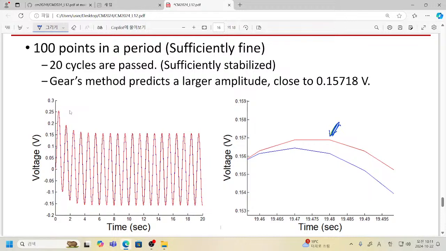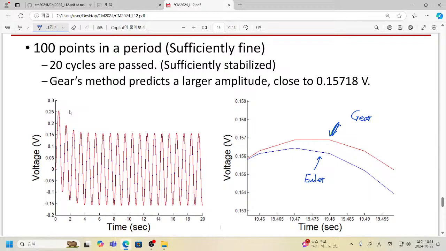This one corresponds to Gear's method, and this one corresponds to the Euler method, and our amplitude shows some difference. Why do we have a smaller amplitude in the case of the Euler method? It is because for a given delta t value, it has some tendency to introduce an artificial resistive component into our system.